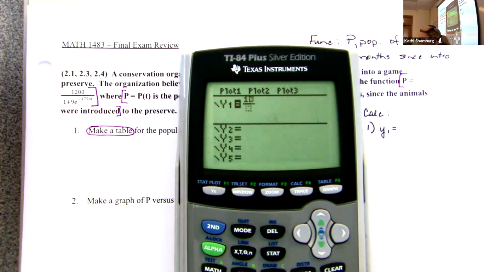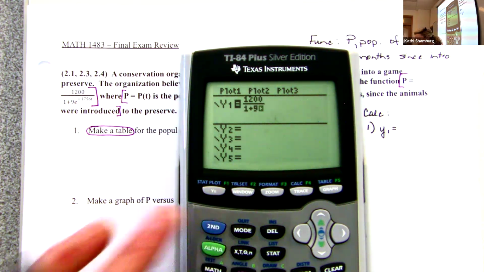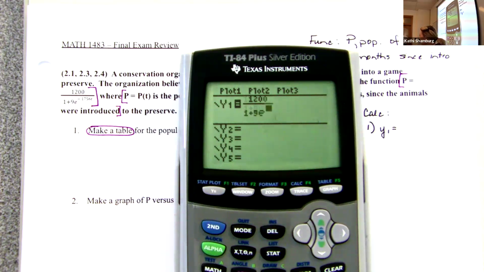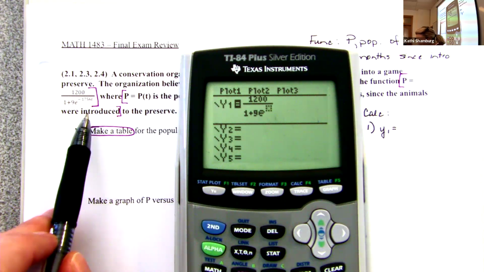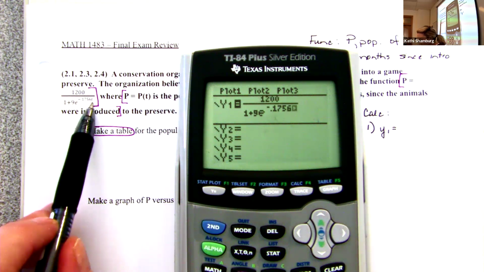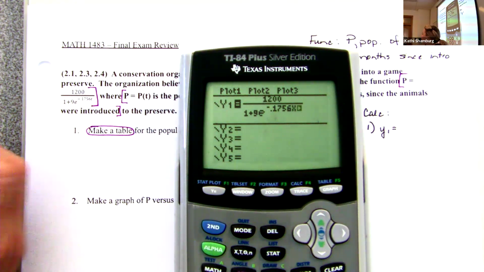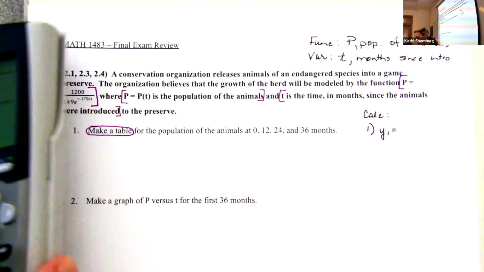The numerator is 1200 and the denominator is 1 plus 9, e is second natural log, and then that exponent is negative 0.1756 t, and so that'll be my x.